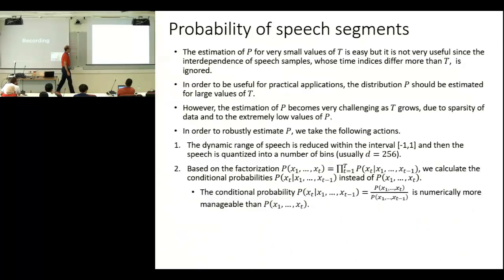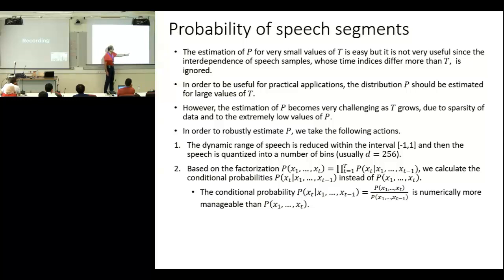This probability, which gives high probability if this sequence is speech and very low probability if this sequence is something else, not speech, can be factorized using Bayes' rule into this sequence. The conditional probabilities are much more stable numerically to model than this joint distribution.